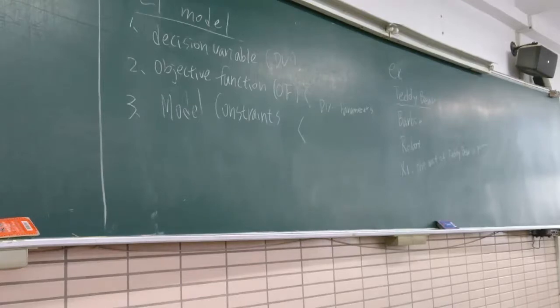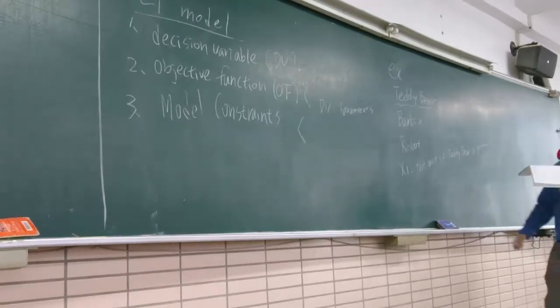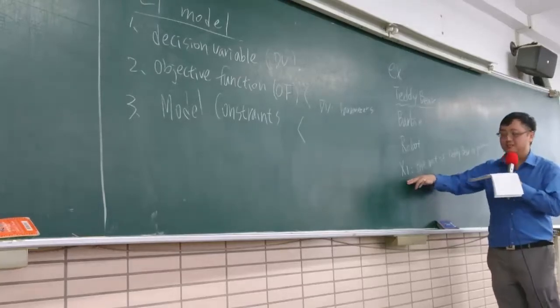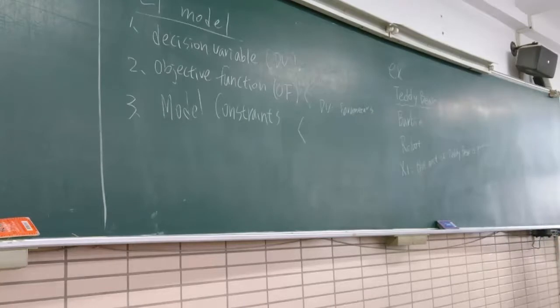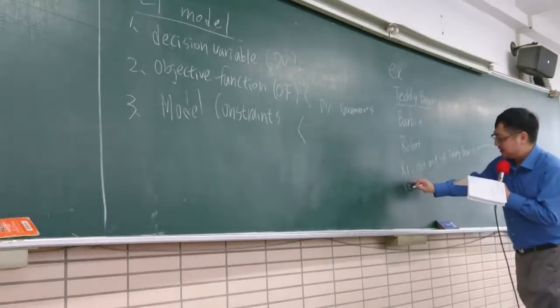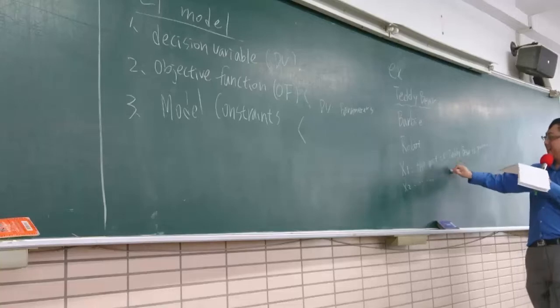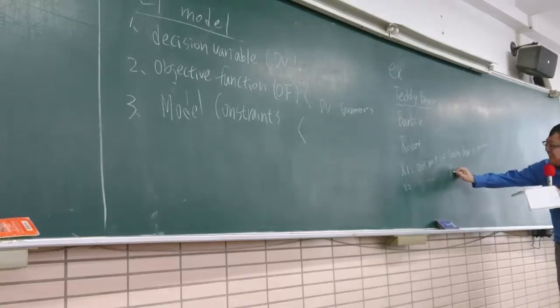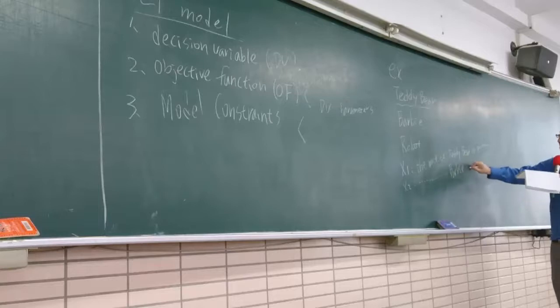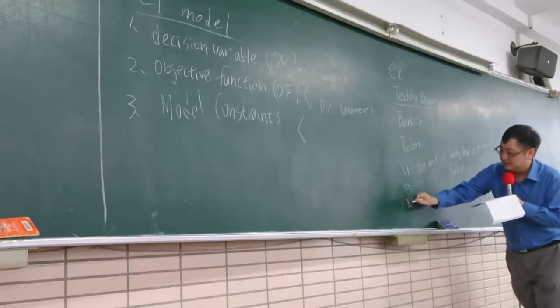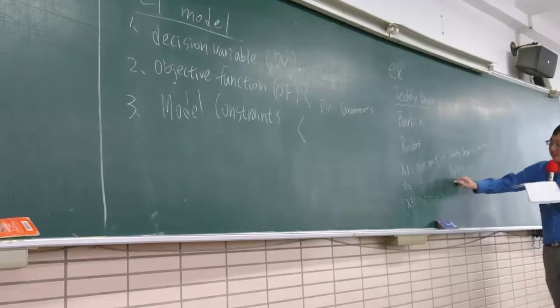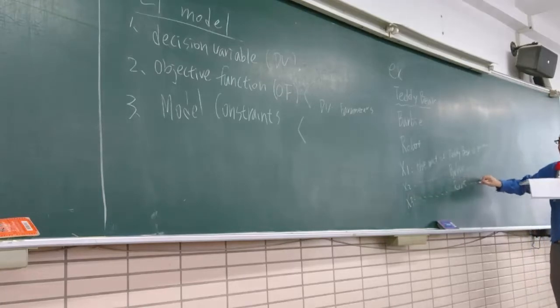So you have to write the definition of each decision variable clearly, or your score will be slightly reduced. 我觉得这个要定义一下，定义不清楚会稍微扣一点点分数。X2, the unit of Barbie to produce. X3, the unit of robot to produce.